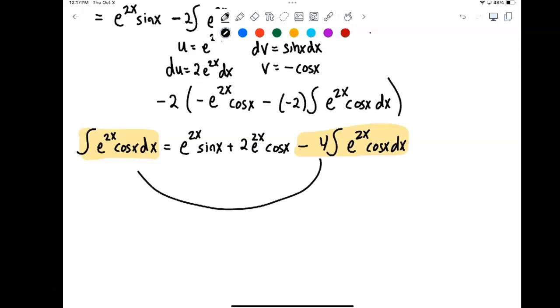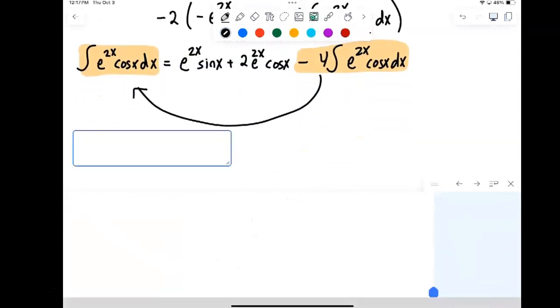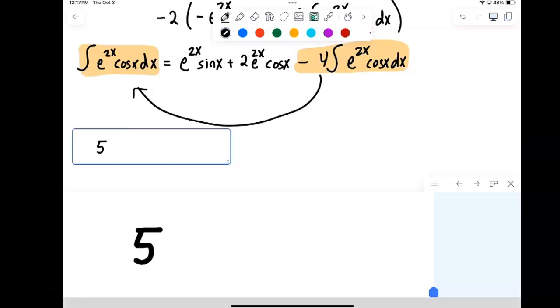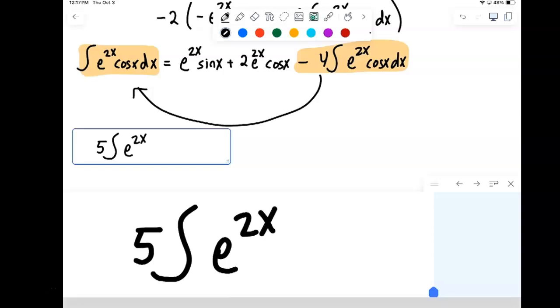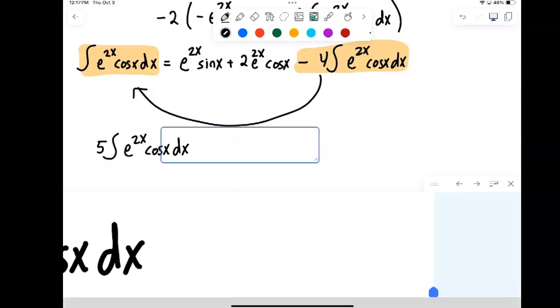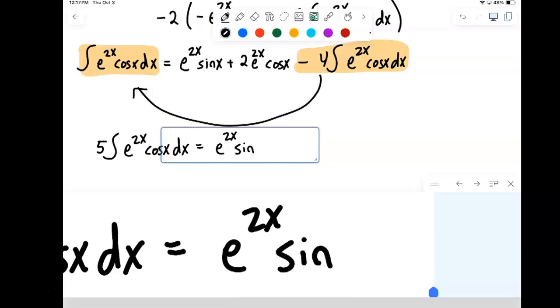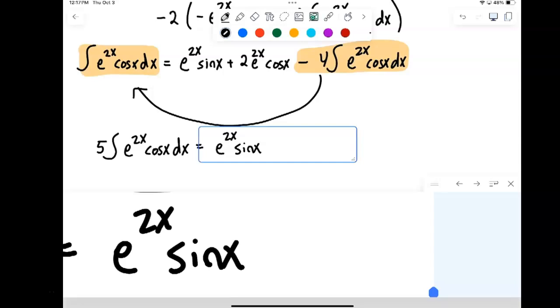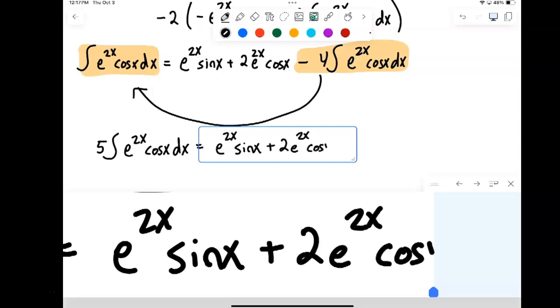That will then give me 5 times the integral of e to the 2x cosine x dx, because you have one of them plus 4 of them, equal to e to the 2x sine x plus 2e to the 2x cosine x.